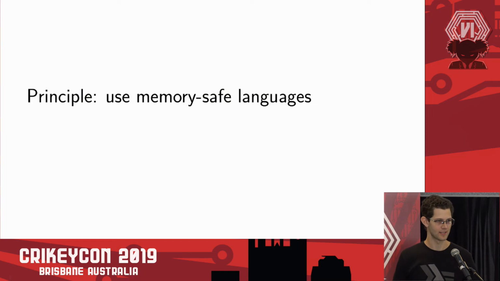We also need to stop using C and start using memory-safe languages. Again, there are lots of different kinds of memory safety. This is not the talk for me to elaborate on that, but basically we need to accept that the tools have gotten a lot better.